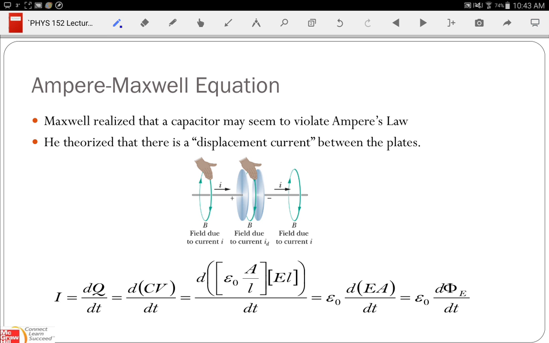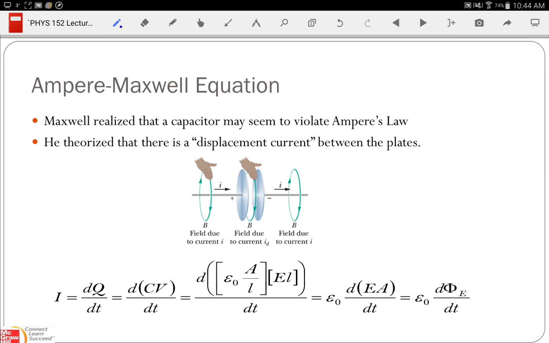Now, Ampere's law just says you make a loop and you calculate the current that's enclosed, and it tells you what the circulation, the magnetic field parallel to the loop as you go around, is going to be. And so what Clerk Maxwell said is, okay, let's take this loop right here.